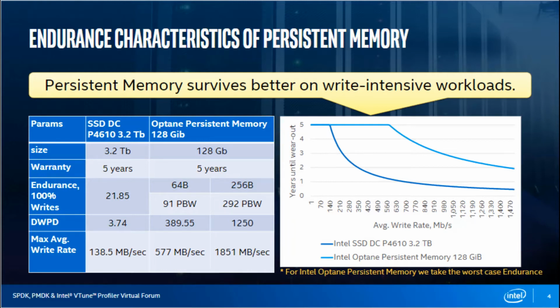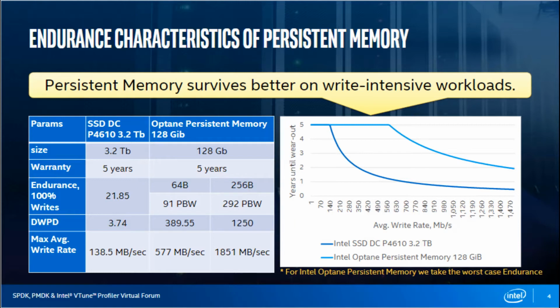For example, for NAND SSD, when you do a write, you need to erase some block and then reprogram this block again to write new data. And usually we work with a block storage device using, for example, pages, usually a 4 kilobyte block. So it means that when we need to update some data, we need to update the full block, even if we need to update just a few bytes in this block.